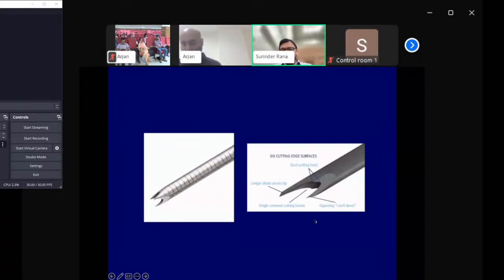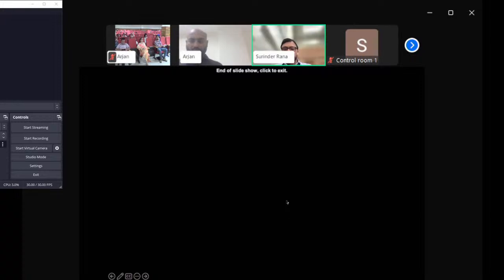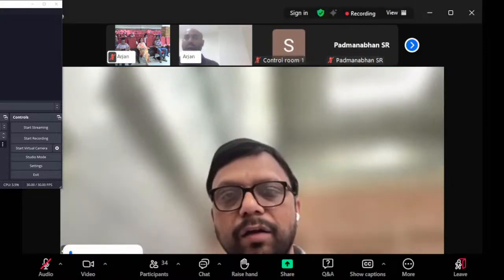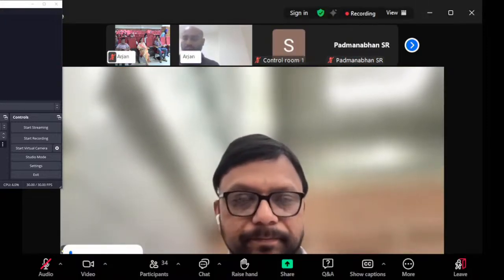But again, these are not perfect solutions, although the accuracy has reached up to 95%. The tissue cores we obtain from these needles are far from perfect. So these are the 3 clinical problems which I have just talked about. If there are any questions, I'll be more than happy to answer.